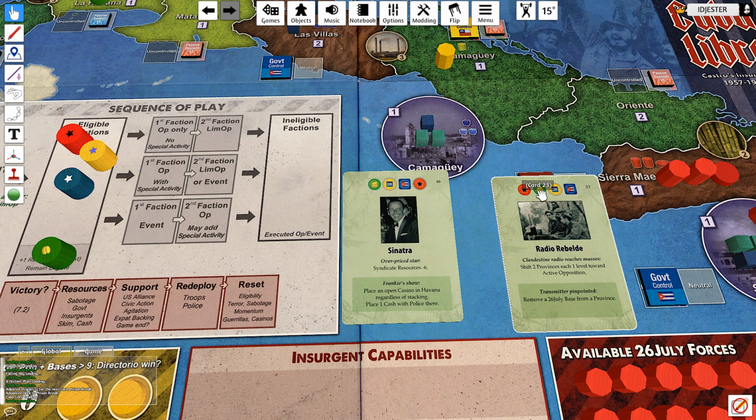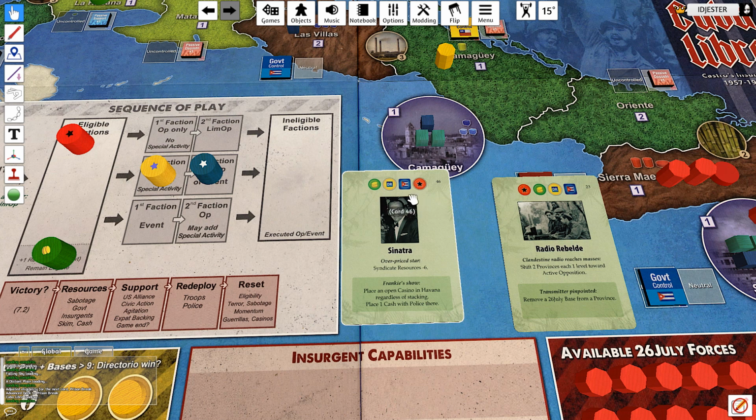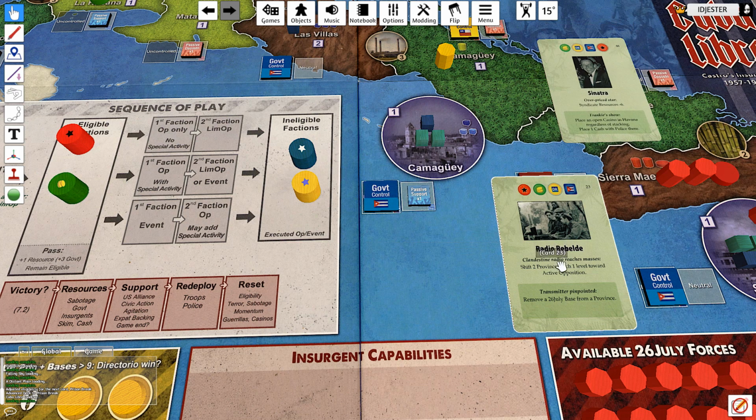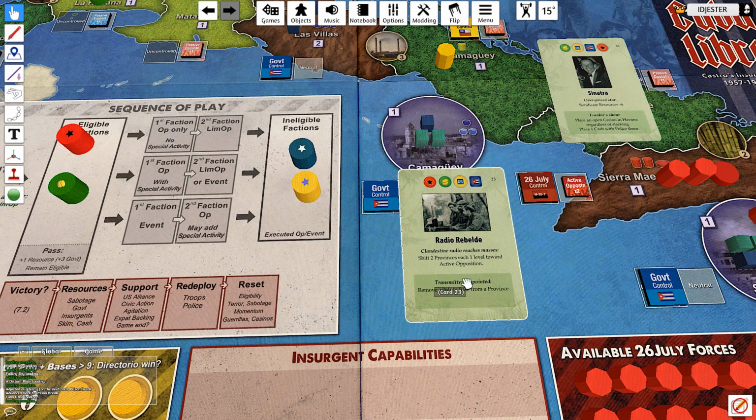And in this case, he will be second, which means more than likely, if green passes, yellow's going to do something, and then blue's going to do something, and then what's going to end up happening is they're going to go over here, green's going to become active for this card, and red's going to get to play the event, and then green will only get to play in this spot right here.